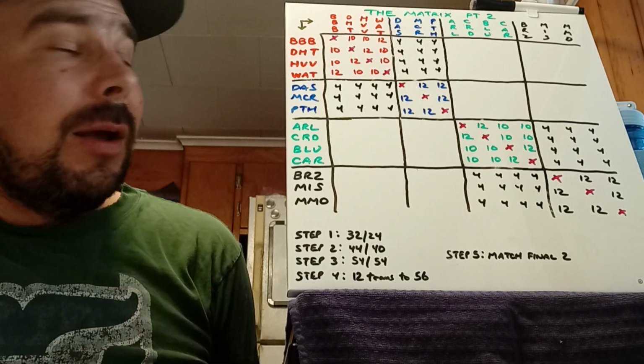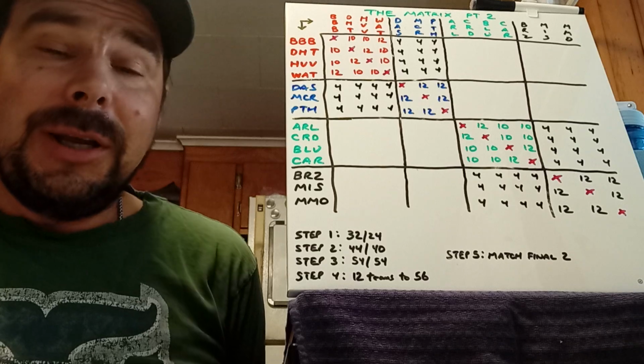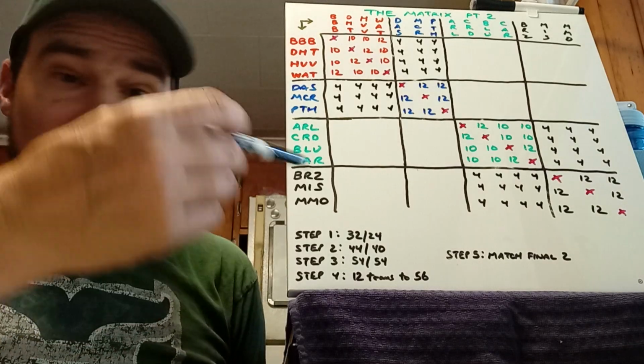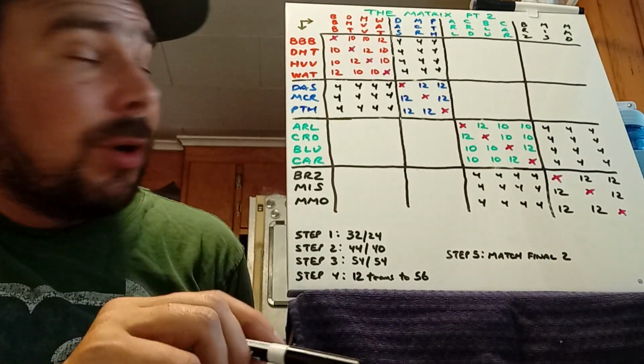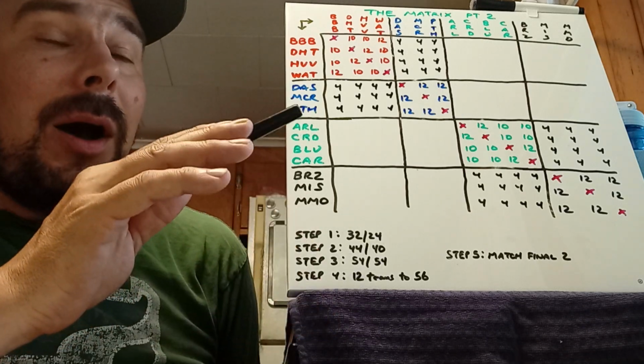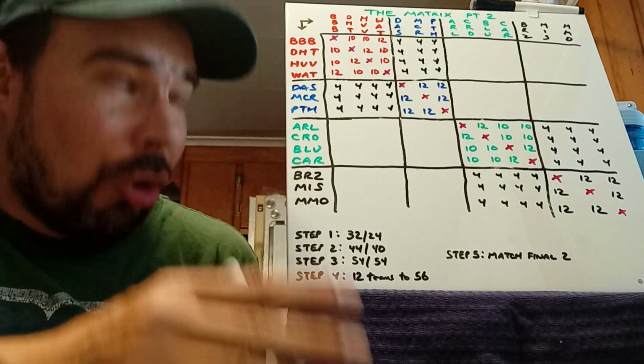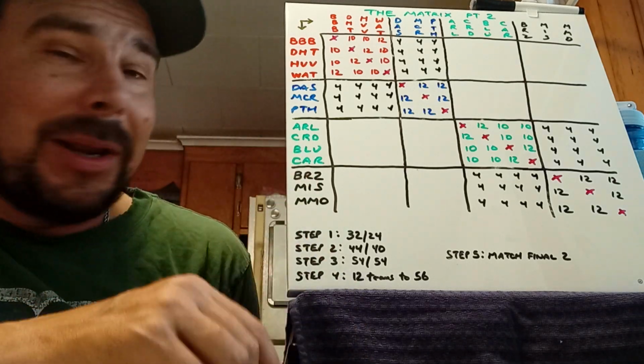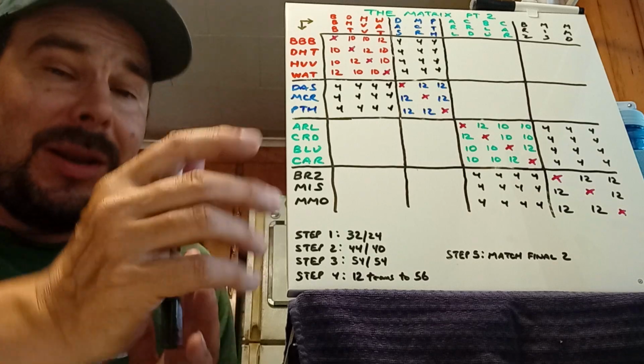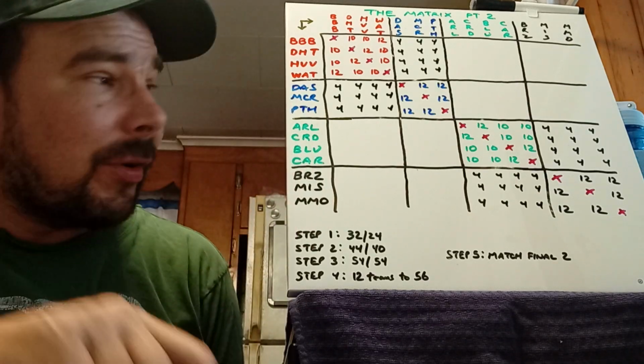All right. Step 3, of course, we wanted to start filling in. We want to see as many teams as possible. So we're gonna get some interdivisional games going. Intra is within, inter is crossing.